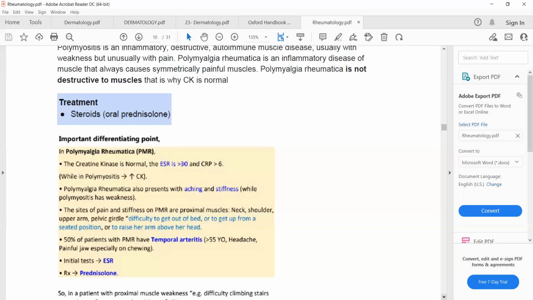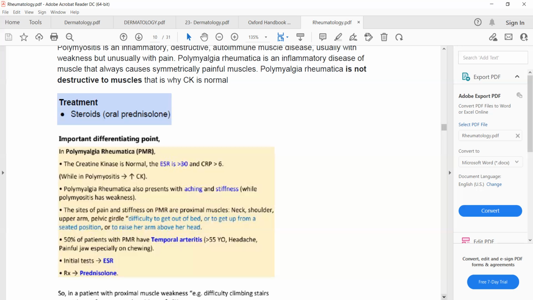The treatment in both cases, in polymyositis and in polymyalgia rheumatica, is steroids. The initial investigation in both of them is ESR. ESR will be raised in both of them.